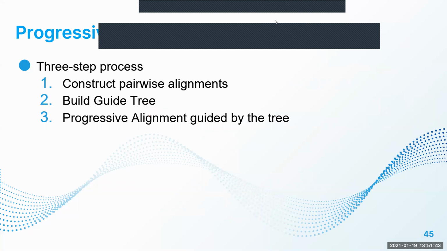You know how to construct the pairwise alignment. Then based on that pairwise alignment, you build a guide tree. Then based on that guide tree, you're going to progressively, that means sequentially, align these sequences one by one. I'll show you an example.